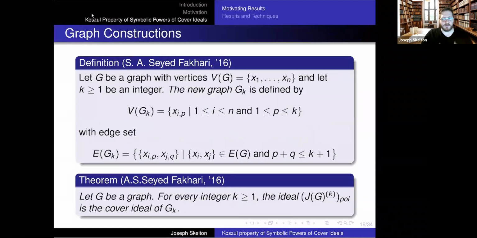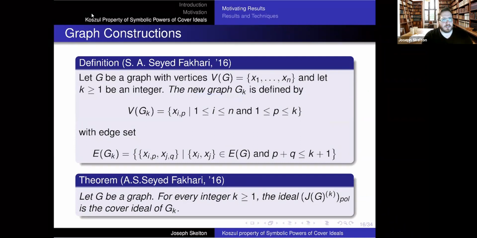And one of the tools to do this is this graph construction that was introduced by Fakhari, which basically introduces this new graph G sub k.